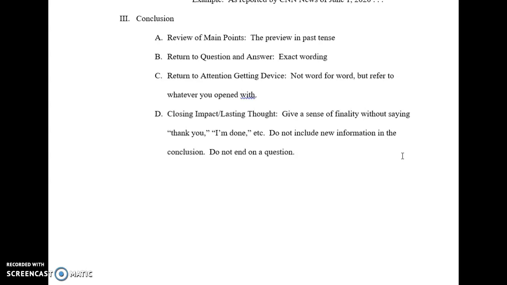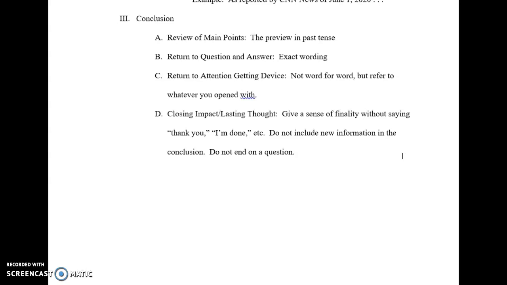Or today we have discussed how the police get away with too much, how we've let them get away with too much, and the problems with our funding. So just one sentence that reminds us what those 3 main points were in the order that you covered them. Basically, you could copy paste your preview and just change it from "we will discuss" to "we have discussed."